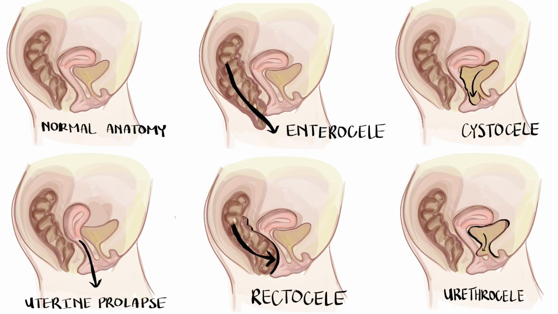Risk factors for all of these are what I've mentioned before, but aging also can increase your risk for this, and it's believed that's because of estrogen loss, which makes a lot of sense, right? Because estrogen is essential for maintaining the strength, elasticity, and the thickness of all of those pelvic floor muscles and structures and connective tissue.